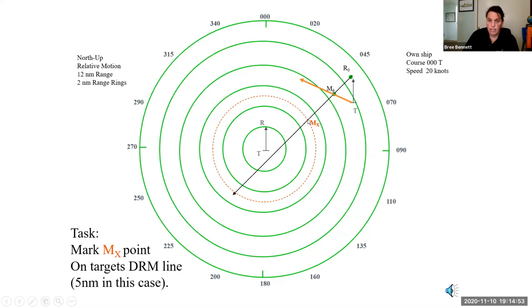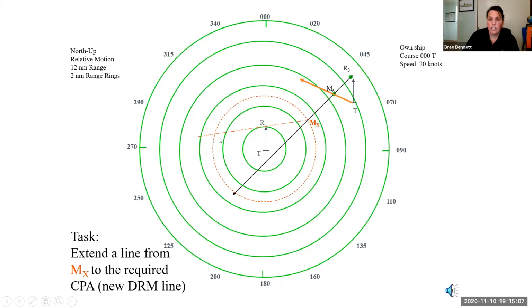And I want him to stay 2 miles away from me, so I'm going to create a new relative motion line from my MX, tangent, just right outside of my 2 mile range line. That's where I want him to travel to create a new relative motion line.